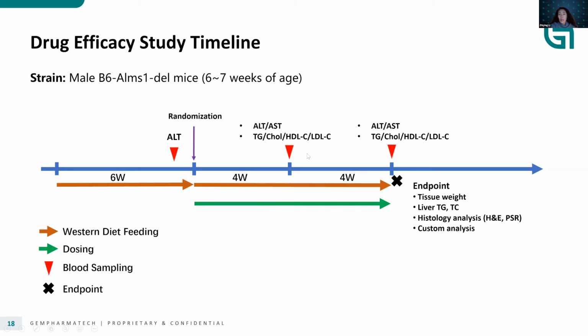And then within this 8 week of treatment, we're gonna take blood samples at midpoint as well as endpoint. And then also at the endpoint, we're gonna take tissue. We're gonna take liver biopsy to do histology, as well as any other custom analysis measures that our customers would like to do.